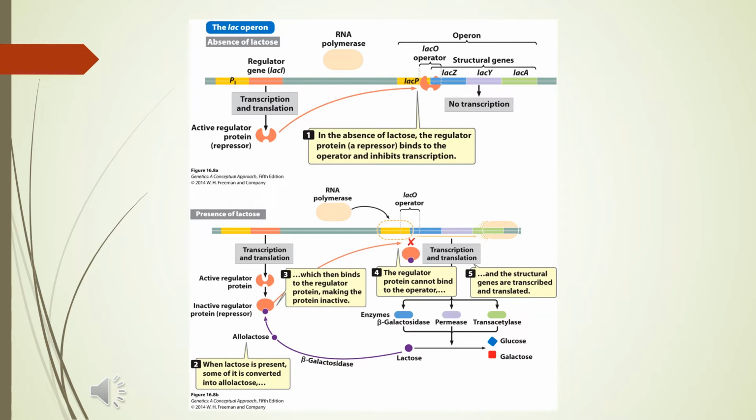In the presence of lactose, transcription and translation of the regulator protein on the left side will produce an active repressor, but this active repressor binds with allolactose and this binding inactivates it, so it cannot bind to the operator region. So RNA polymerase can transcribe structural genes and functional products will be produced. The functional products are beta-galactosidase, permease and transacetylase.